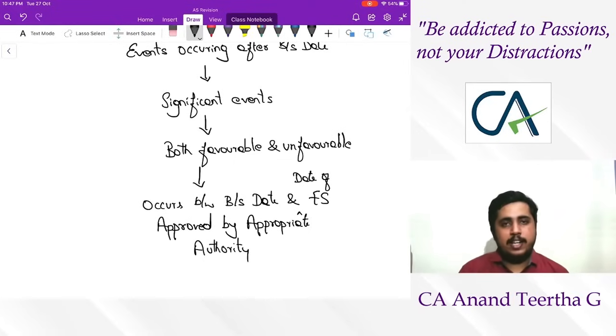So they are events which are significant. It could be favorable or unfavorable, so it may be a profit making event or a loss making event. Anything is fine. And that event occurs between the balance sheet date and the date of approval of financial statements by the appropriate authority. Only they are covered by AS4 provisions.